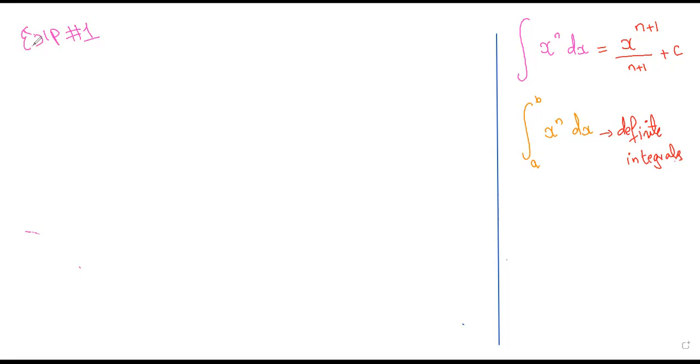So let's say you have an integral from 1 to 2, and the function is 6x to the power 4 minus 1 divided by x squared with respect to x. Now this is the question, and you need to integrate this.